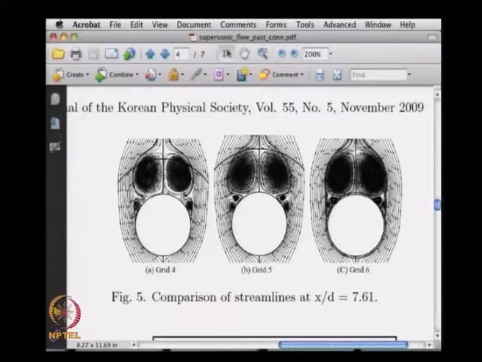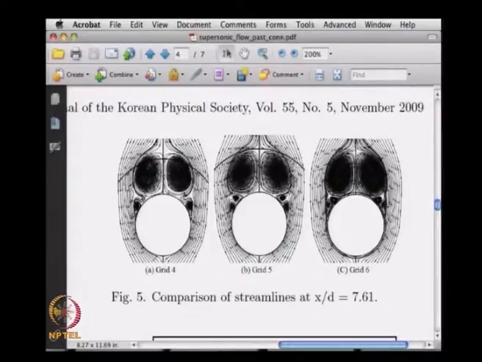Again, we have 2 of these vortices which are pretty pronounced, mostly for grid 6. We can see that in grid 5 as well, but the second one is not that pronounced. So this is how you change your grid to see what sort of solution we get.